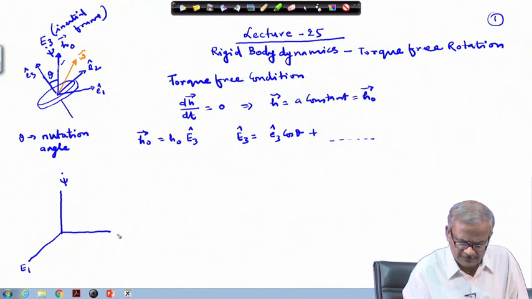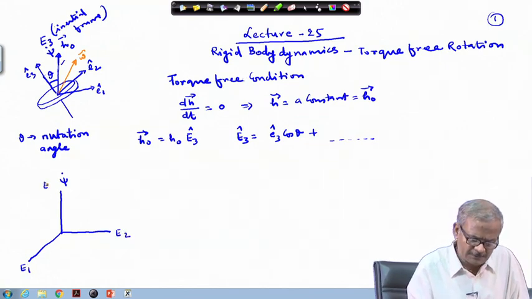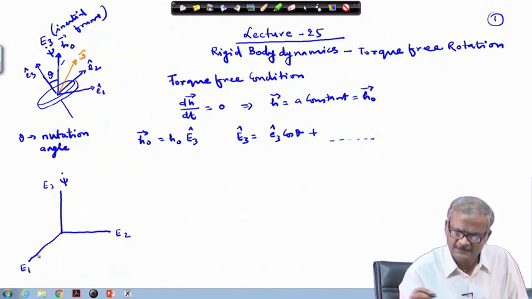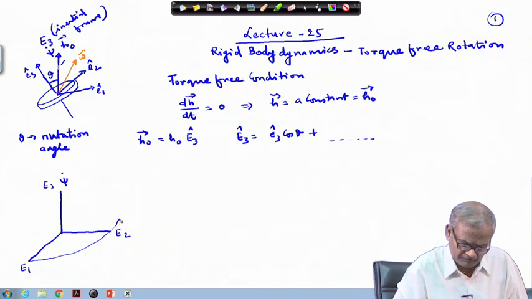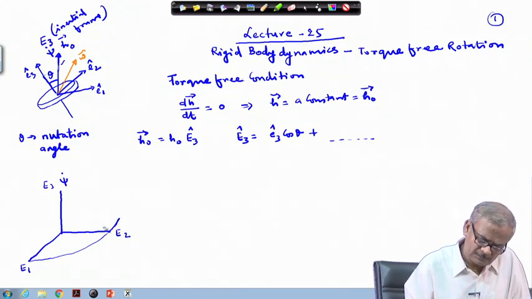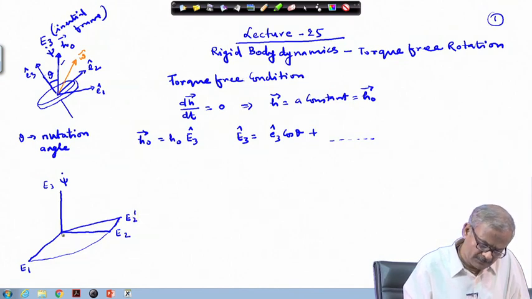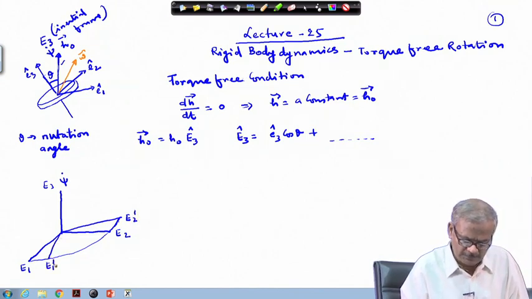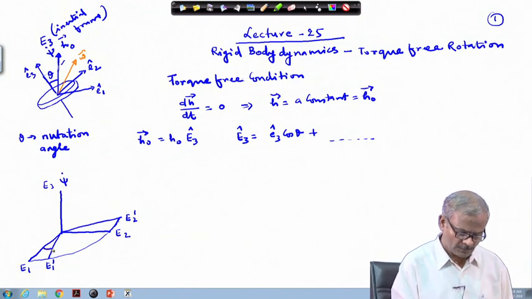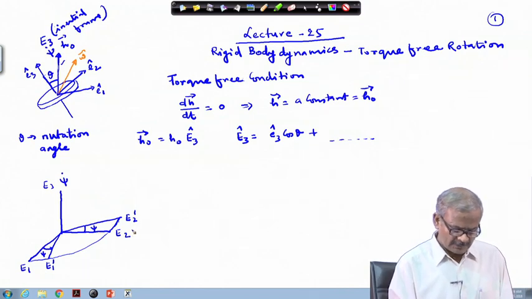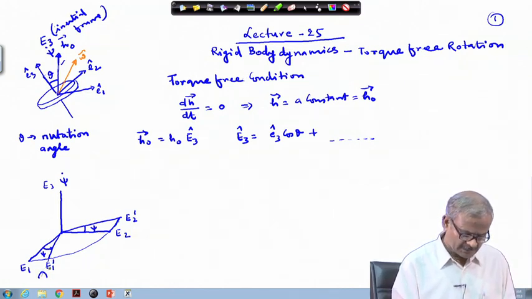So, this is your E 1, E 2 and E 3, and once we rotate this, this point will go to this point, E 2 prime, this will come to E 1 prime, this angle is psi, and thereafter we are rotating about this axis by theta.